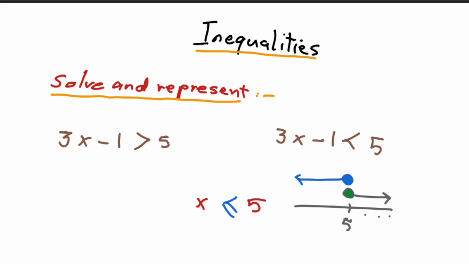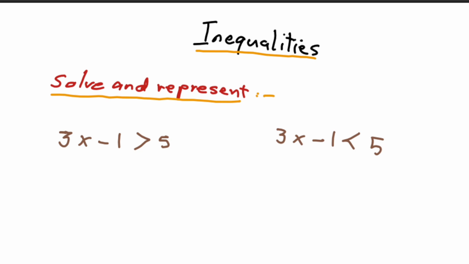Now, let's go and solve these questions and then represent them on the number line. We'll first think of this like a linear equation. It's 3x minus 1 equals 5, and then we solve it that way. We don't usually write the equal sign itself, so don't panic, just think of it like that.